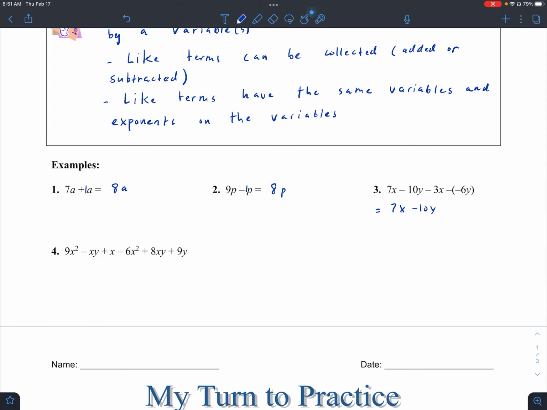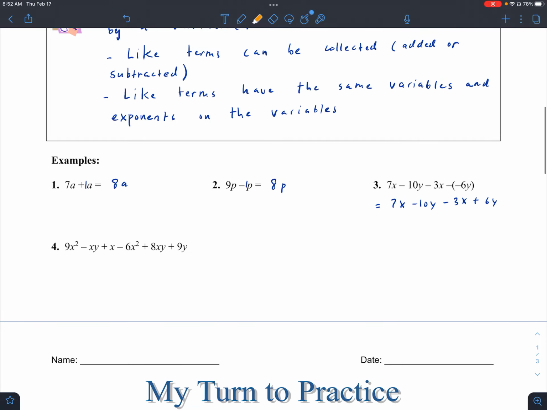So minus negative 6y is going to be plus 6y. So that's the first step. You have to do that first. And now you look to collect like terms. So you have to identify the like terms.